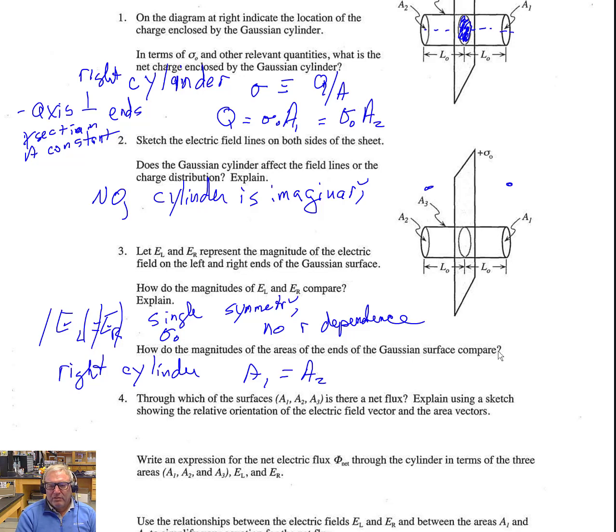To which surfaces is there a net flux? Well, it's A1 and A2.